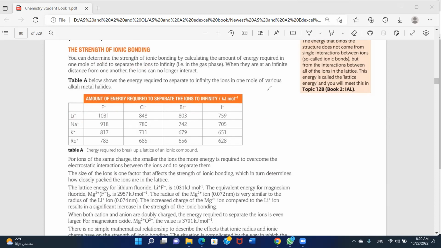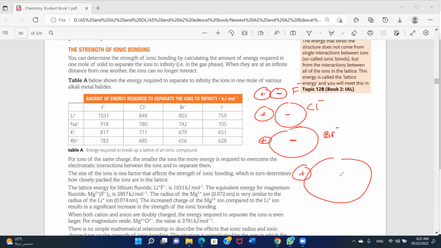For example, I have lithium with fluoride, lithium with chloride, lithium with bromide, and lithium with iodide. We want to see which one of them has the stronger ionic bond.